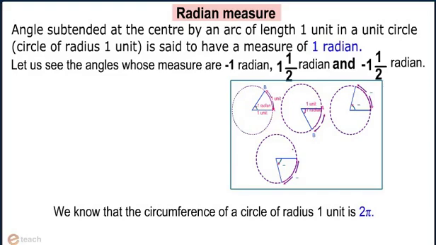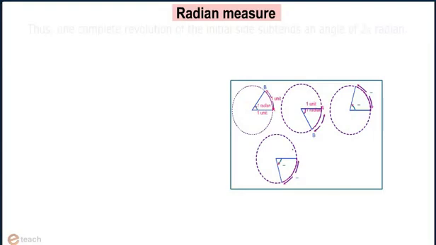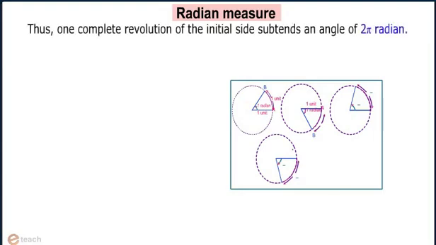We know that the circumference of a circle of radius 1 unit is 2 pi. Thus, one complete revolution of the initial side subtends an angle of 2 pi radian.